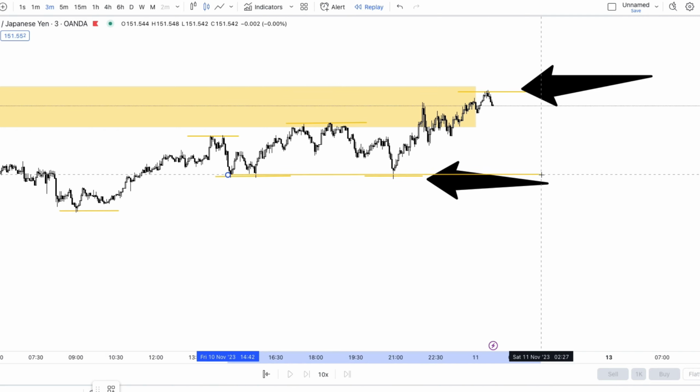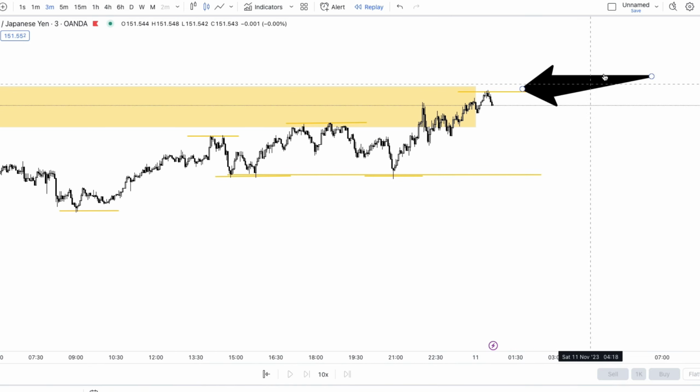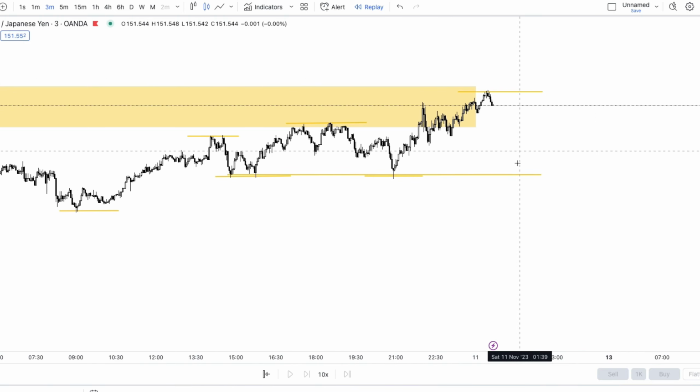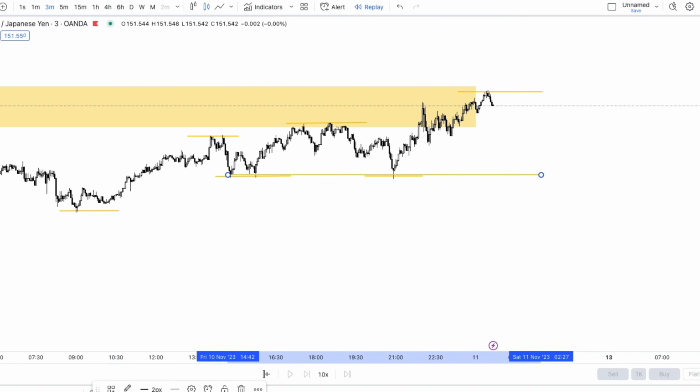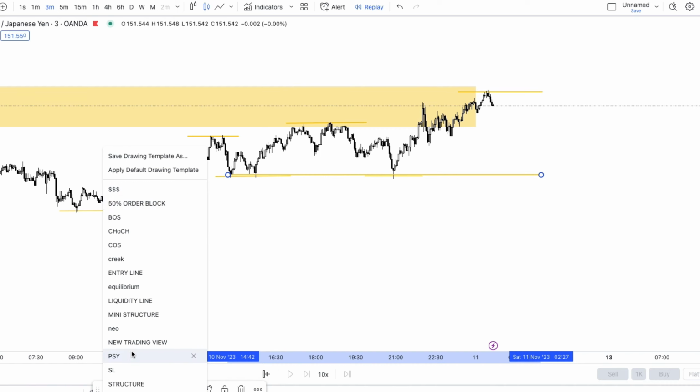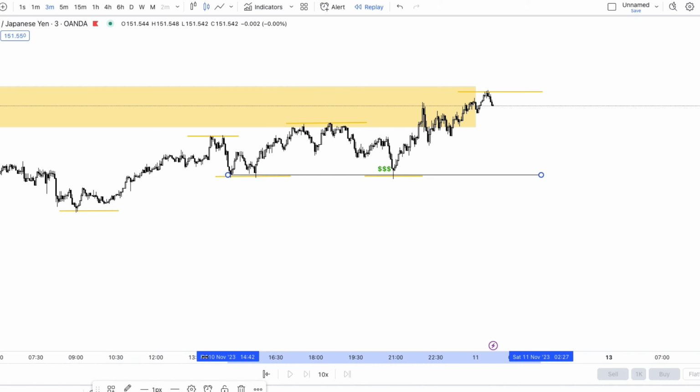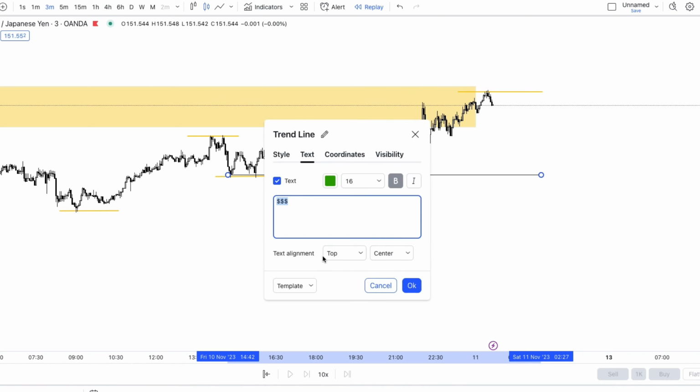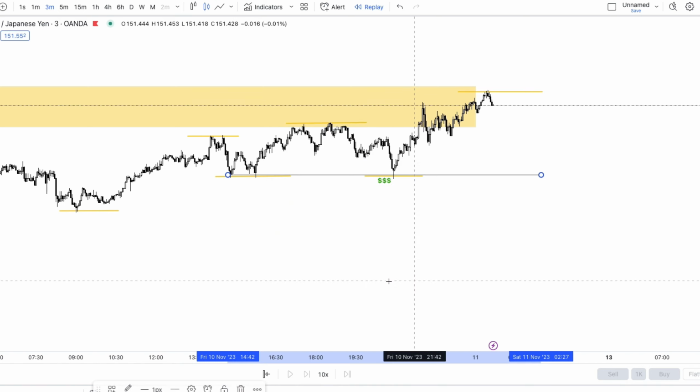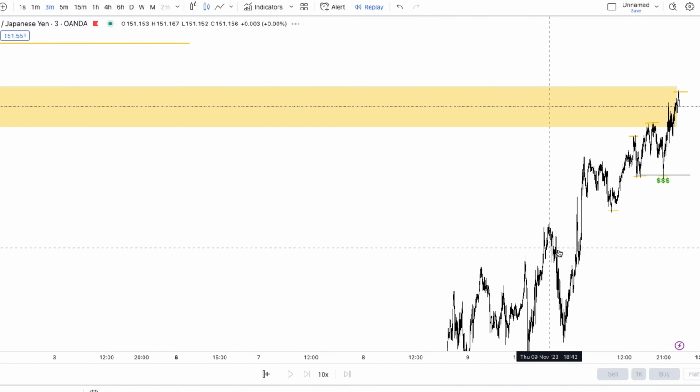So I may be wrong. The fact that I see liquidity here gives me a bias that Japan or UJ may break below here before we buy up. And what I would do is mark that up as a green line, or I can put this liquidity line here, and we have some liquidity there. So if it breaks this, that's even confirming that more.